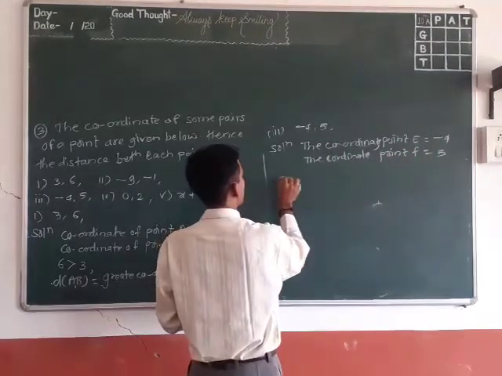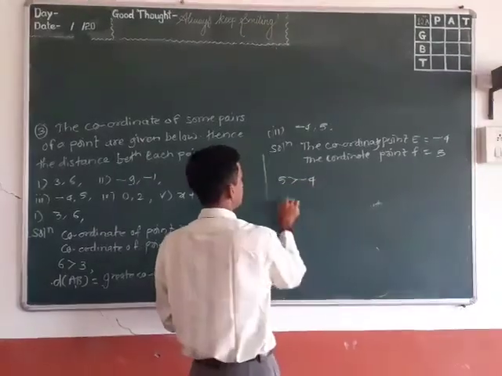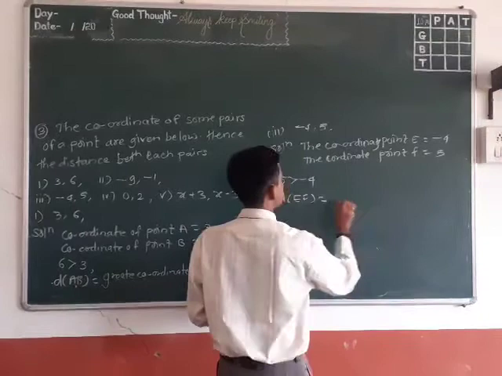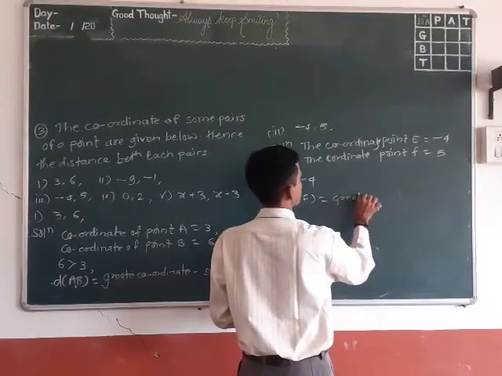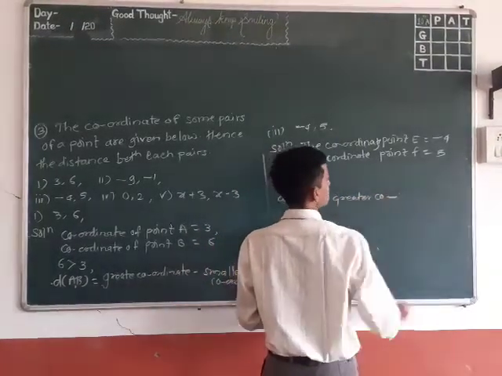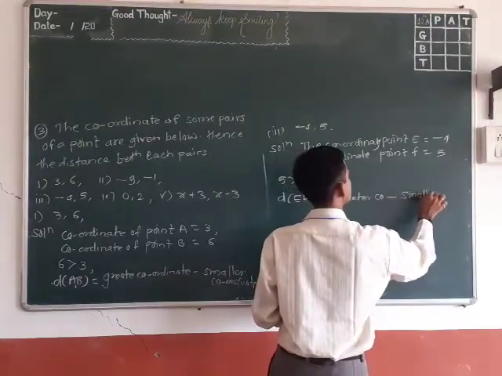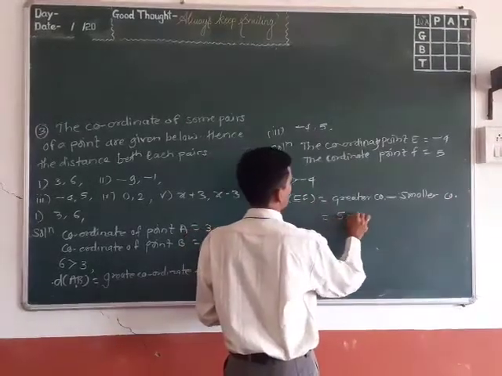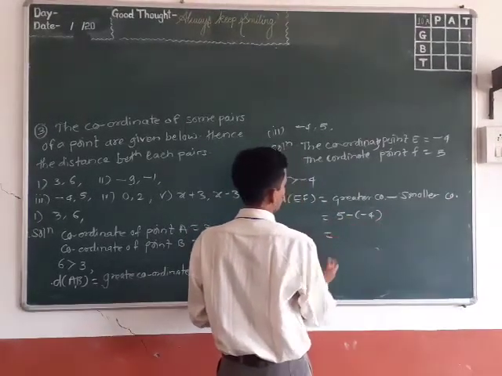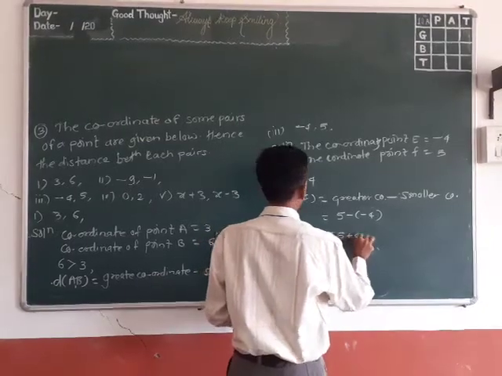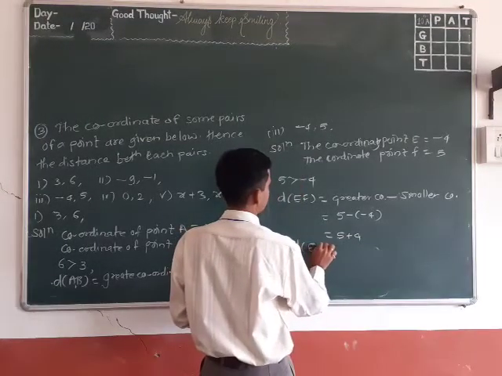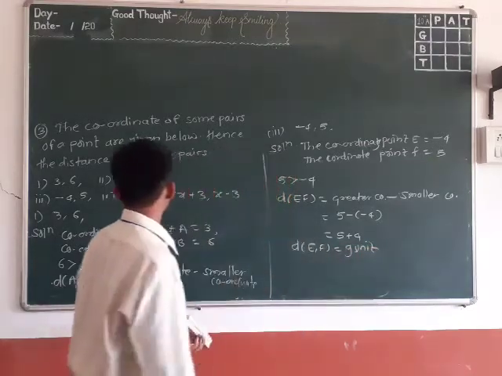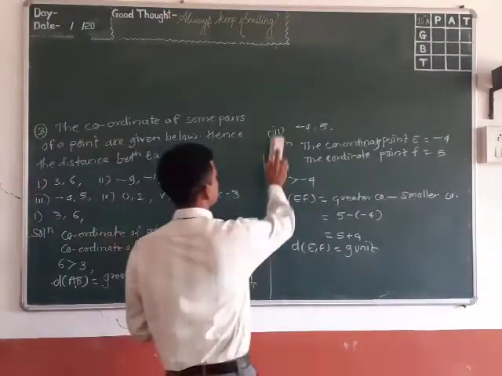The greater coordinate is 5, which is greater than -4. Distance EF is equal to greater coordinate minus smaller coordinate, which is 5 minus (-4), equal to 5 plus 4. Distance EF is equal to 9 units.